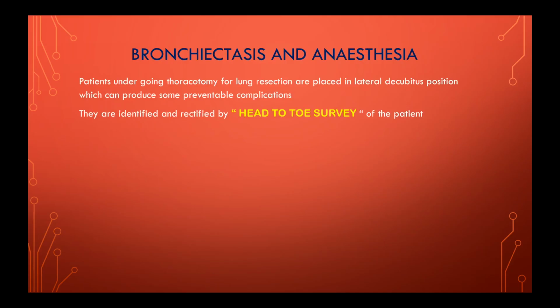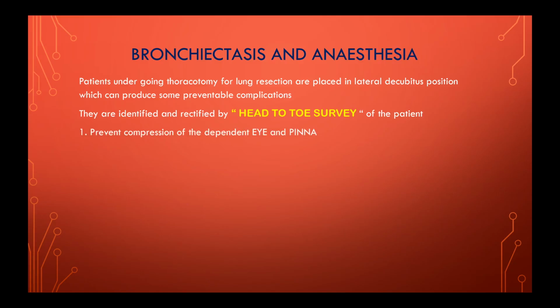And once the patient is anesthetized and in position, we can ask you about the head to toe survey of the patient. So starting from the head, the pressure points, the possibility of nerve compression, and the possibility of pressure sores developing over a long duration. All these things have to be taken care of.